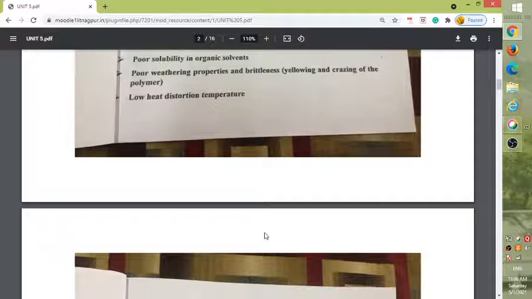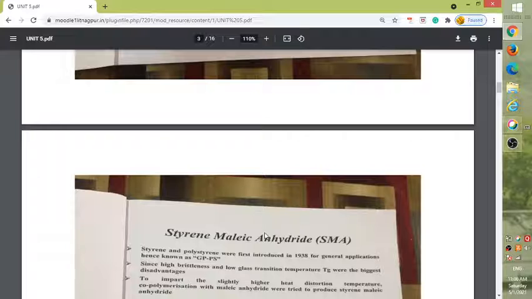So now what is low heat distortion temperature? So first you have to understand what is heat distortion temperature. It is one heat resistance index. It is an index of strength of the material at high temperature.